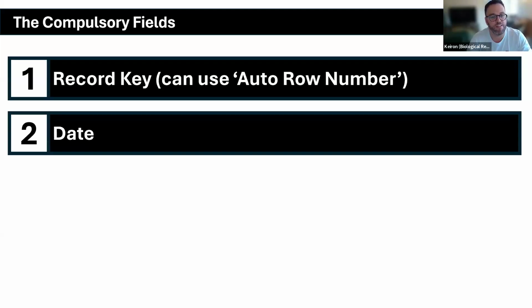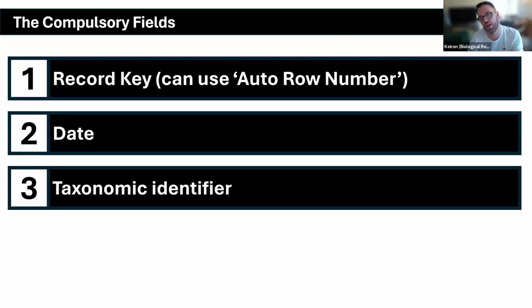Then there is date. It will require a date in order to check it, and that can be an individual date or a date range, but we'll come to that later. It will need a taxonomic identifier, which sounds really complicated, but really that is just something that tells the system what it is you're recording. That could be a common name, a species name, or what we call a taxon version key.